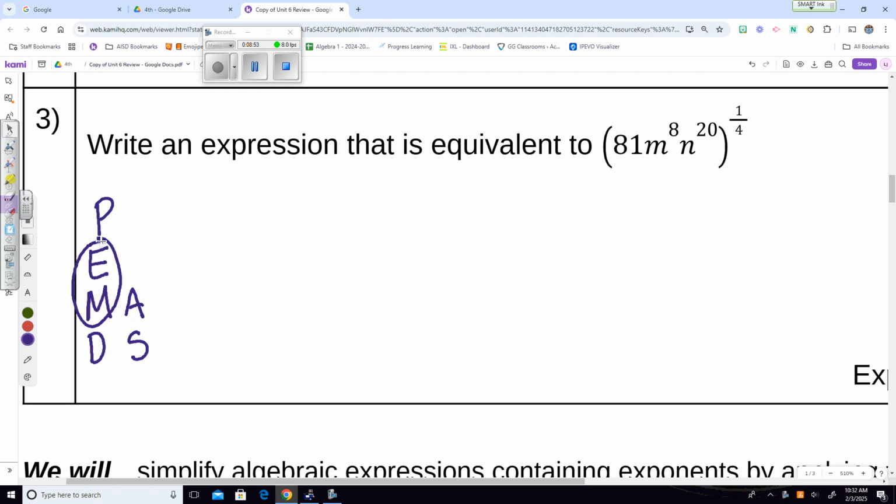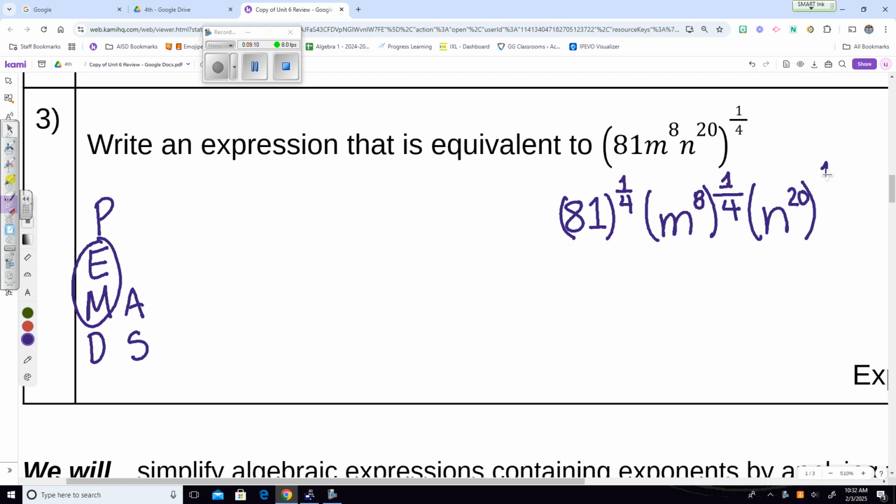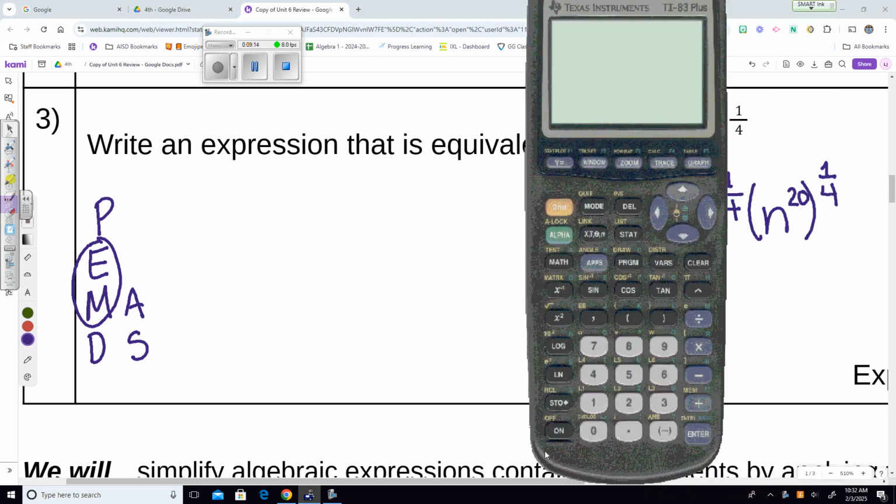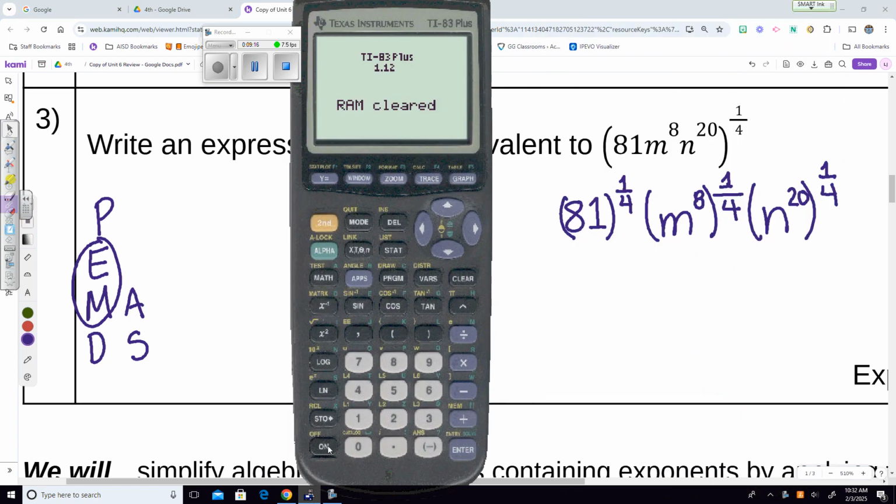So you're going to break it up into parts. 81 to the 1/4, m to the 8th to the 1/4, n to the 20th to the 1/4. Well, the 81 to the 1/4, type it into your calculator.